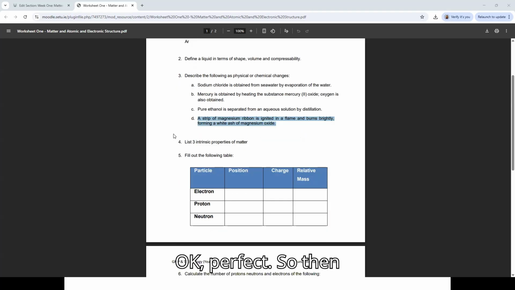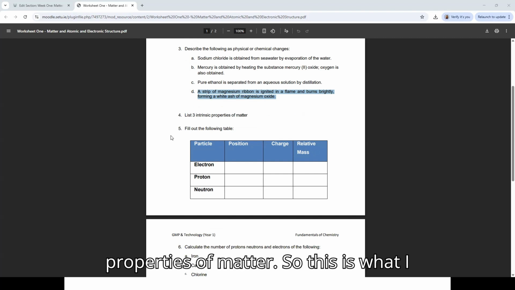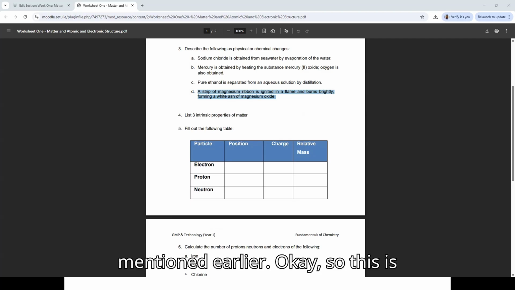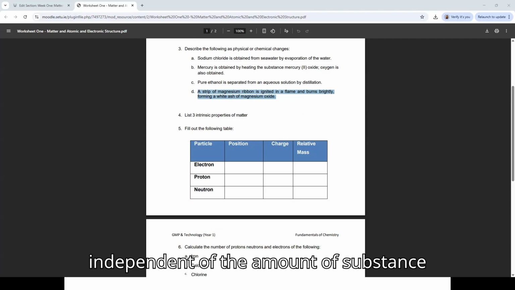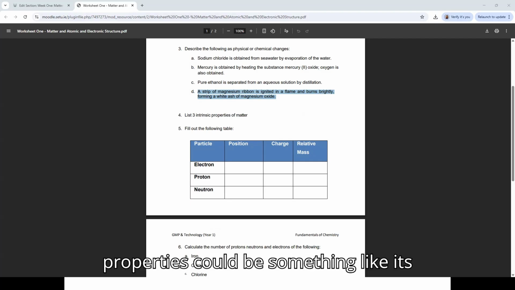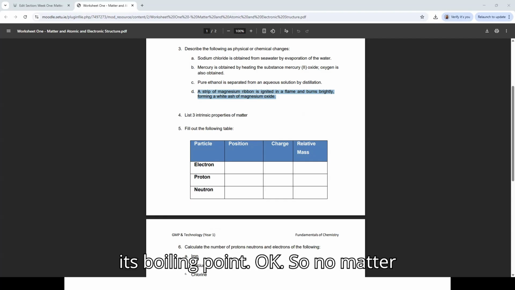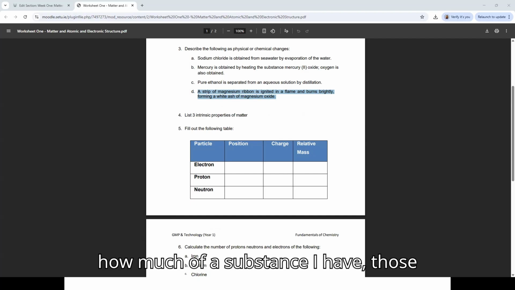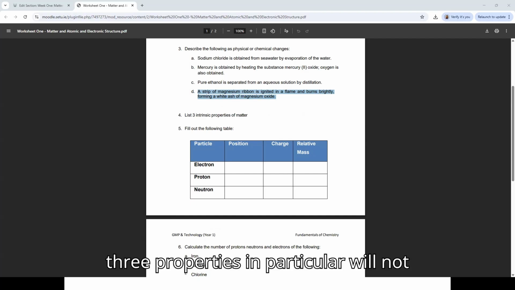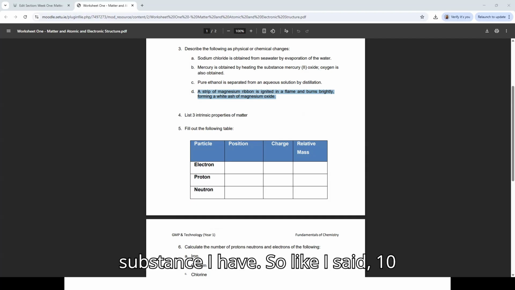Okay, perfect. So then part 4, we have list 3 intrinsic properties of matter. This is what I mentioned earlier. This is independent of the amount of substance that we have. So 3 intrinsic properties could be something like its solubility, its color, or its boiling point. No matter how much of a substance I have, those 3 properties in particular will not change regardless of how much of that substance I have.